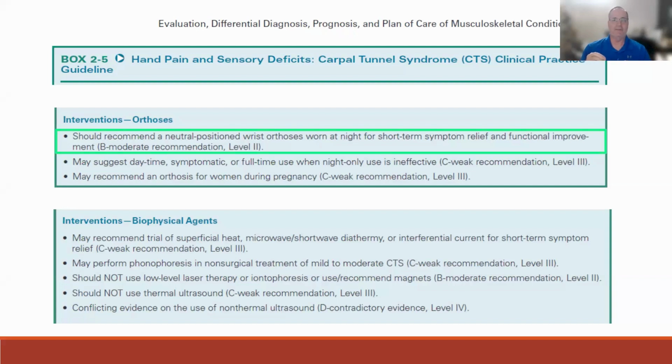But most of the information that is in the CPGs has already been published in your textbooks, in Dutton, in McGee, in other textbooks. And so what I encourage y'all to do is, pretty much anything you want to know about management of the person that has carpal tunnel syndrome, there is a clinical practice guideline for it.